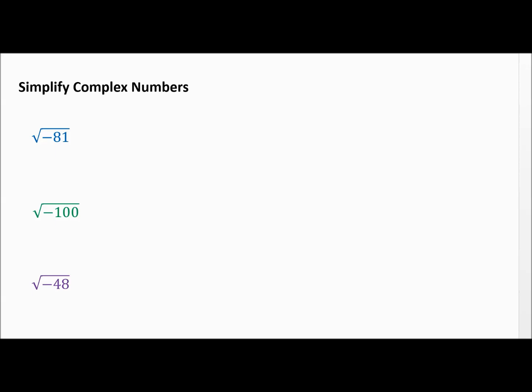So here's the way I want you to think about this. The square root of negative 81 can be broken down into the square root of negative 1 times the square root of 81. If I multiply those two back together, that would give me the square root of negative 81. Now the reason I did this is so you could realize that the square root of negative 1 is i, and then the square root of 81 is 9.